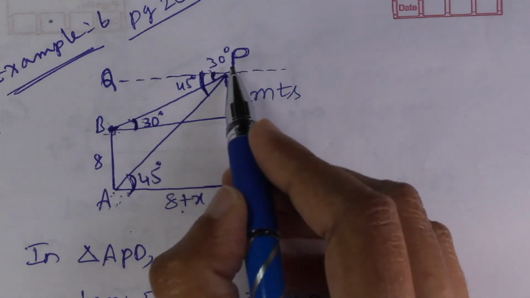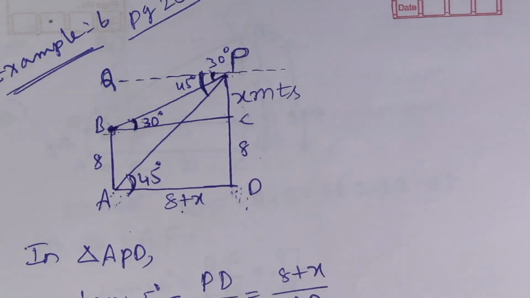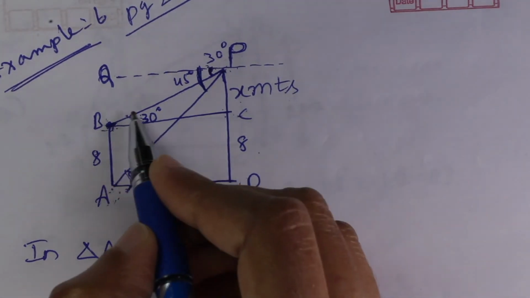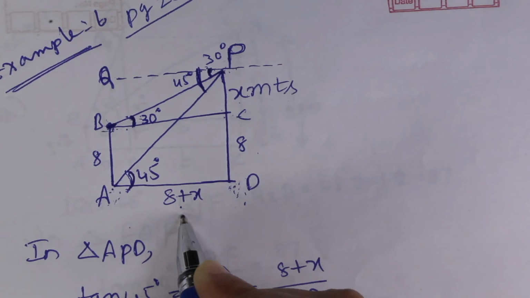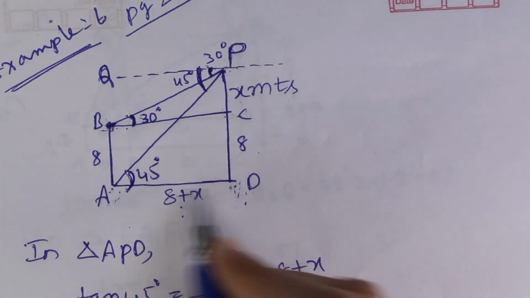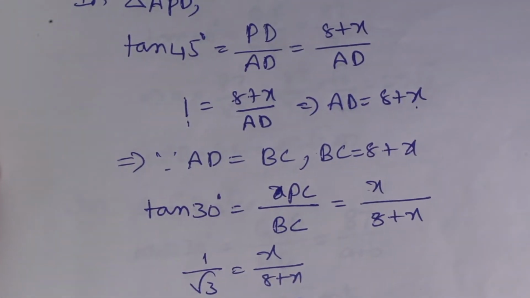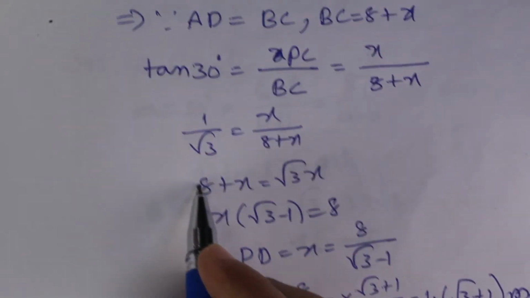Now we will consider the triangle PBC. In this triangle, tan 30 degrees becomes x divided by 8 plus x, because BC is equal to AD. Tan 30 degrees is equal to 1 by root 3.